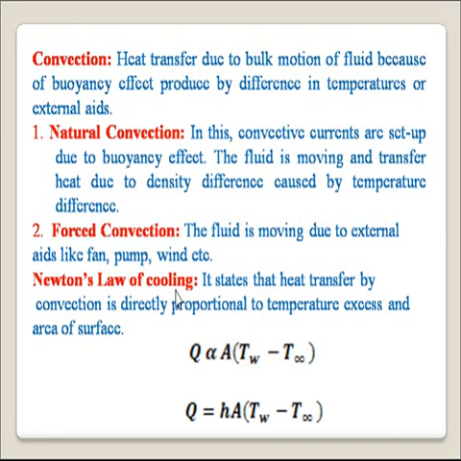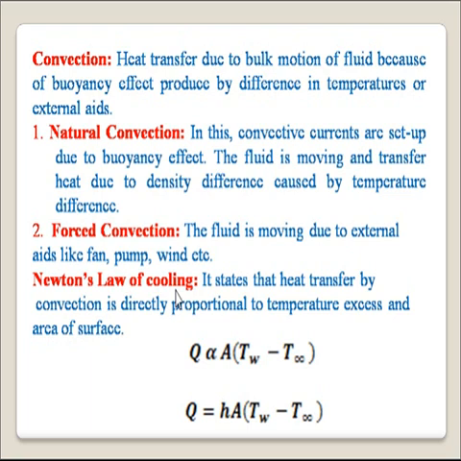Second mode of heat transfer is convection. In convection, heat transfer is due to bulk motion of fluid, which is because of buoyancy effect produced by temperature difference or by external aids like fan, pump, blower, or wind.